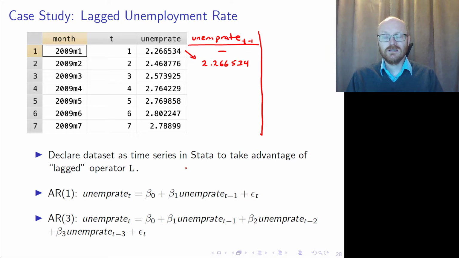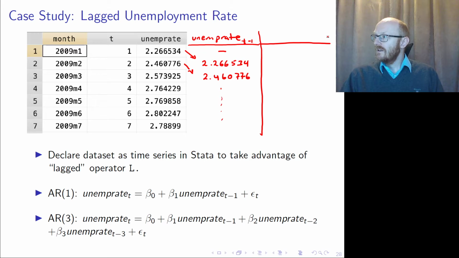So this is the value of y, our unemployment rate, last month. And we do the same for the third entry. So that's for month 3, and the lagged value is then for month 2. So we get 2.460776. And we just continue.